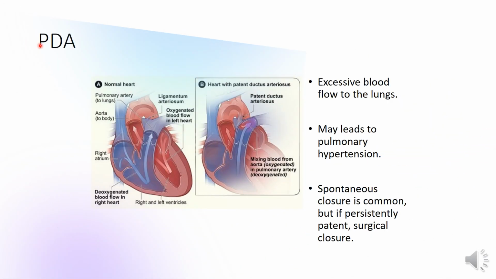PDA, patent ductus arteriosus. The ductus arteriosus persists. This will cause excessive blood flow to the lungs and eventually may lead to pulmonary hypertension. Spontaneous closure is common, but if it is still persistently patent, surgical closure is needed.